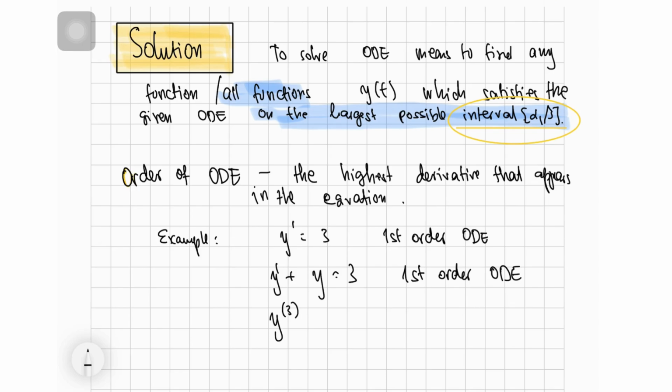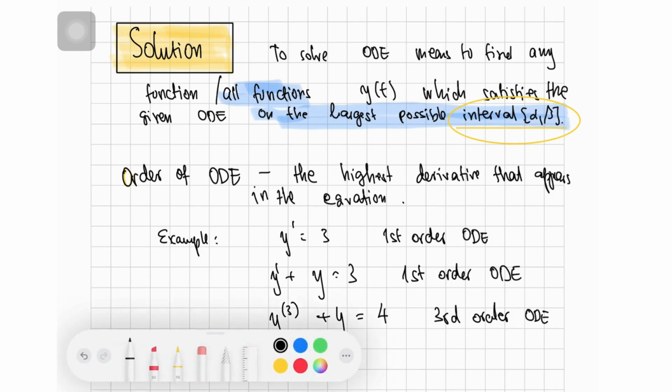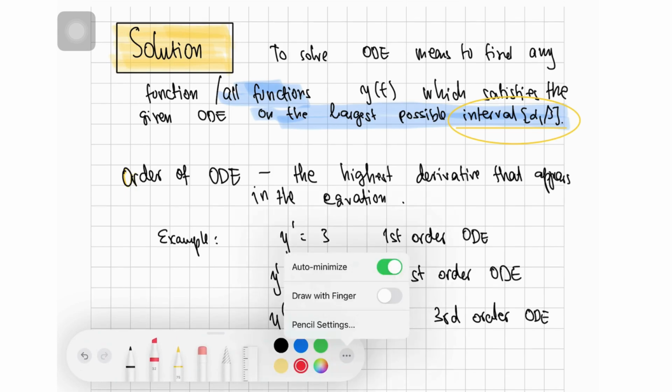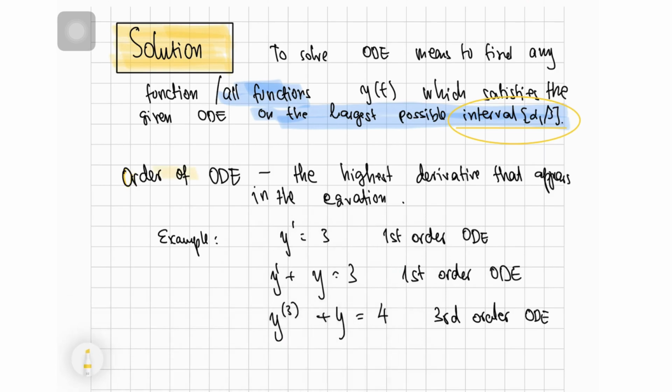The third derivative of y plus y equals 4 is a third order ODE. And now it is clear what the order of an ODE is, so we can highlight that as well.